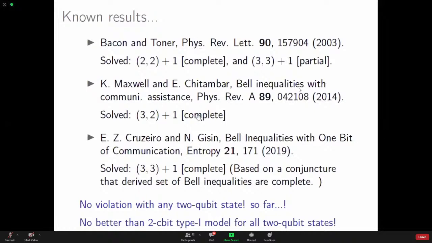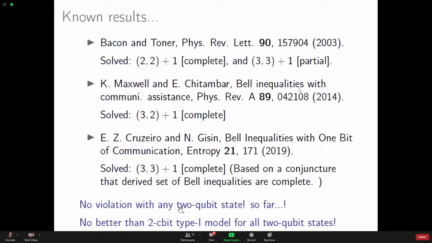So all the Bell inequalities with auxiliary communication derived so far in this setting we are considering, none was violated by even one 2-qubit state.